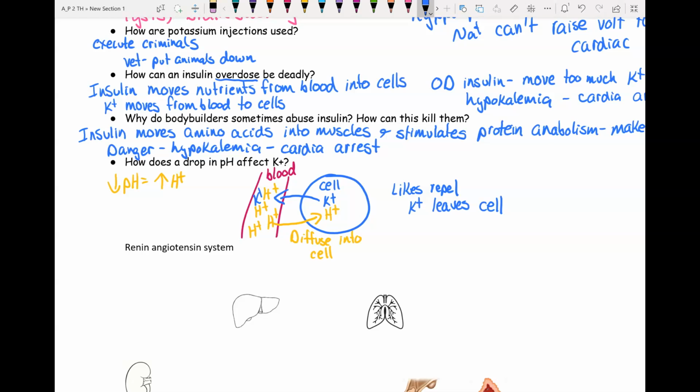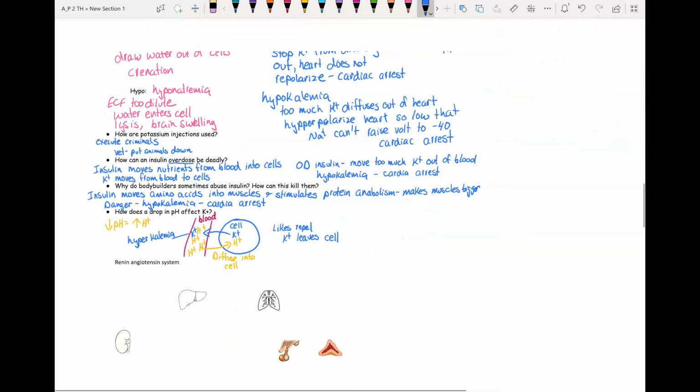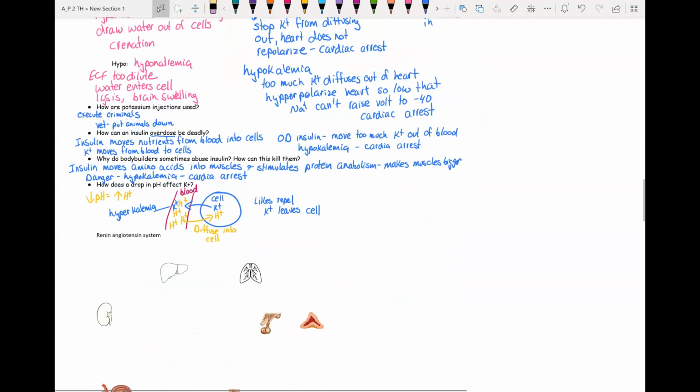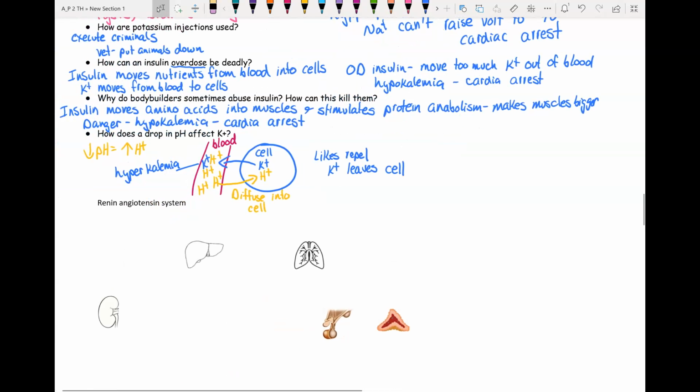This causes then extra potassium in the blood. You get hyperkalemia. And if you have hyperkalemia, go back up here, if there's extra potassium in the blood, it won't diffuse out of the heart, your heart fails to repolarize, and you have cardiac arrest.